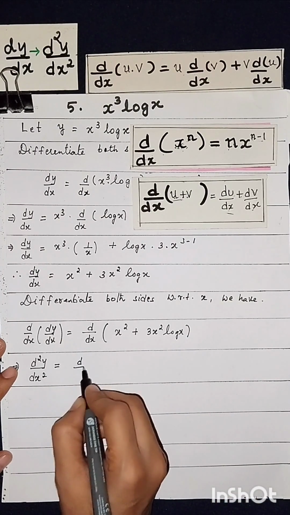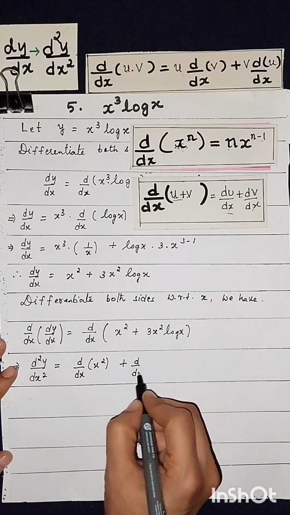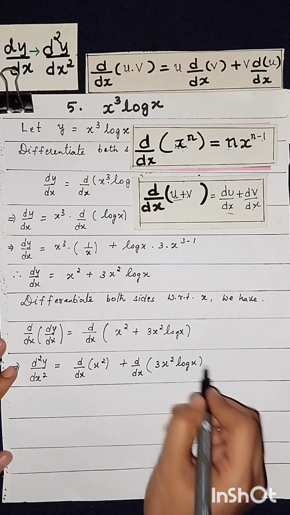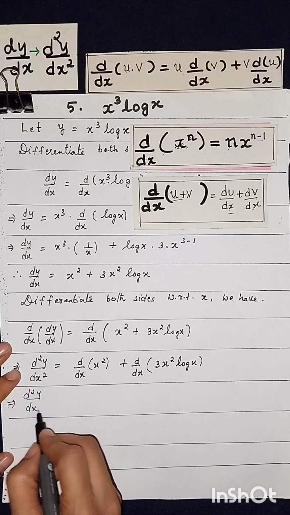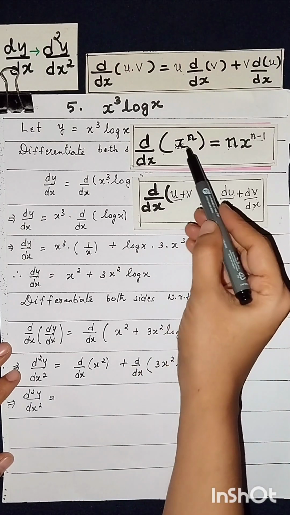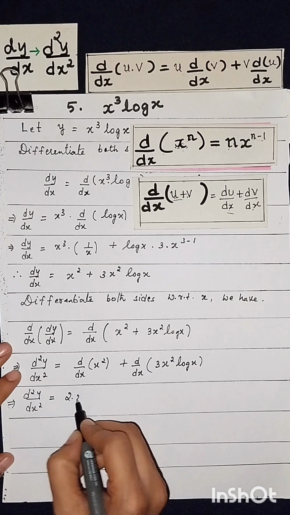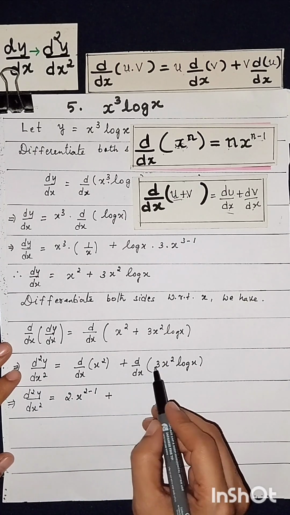So we will get d by dx of x square plus d by dx of 3x square log x. Now this implies d square y by dx square is equal to derivative of x square, here derivative of x power n. So we will apply 2 into x to the power 2 minus 1 plus derivative of 3 into x square log x.